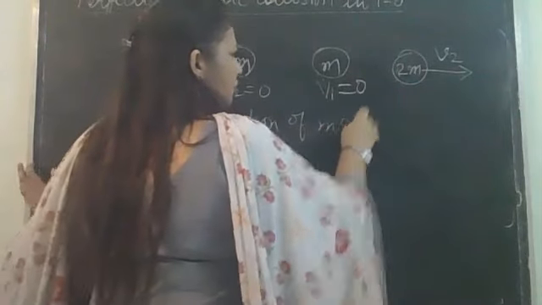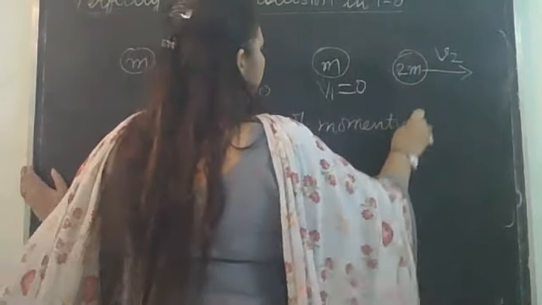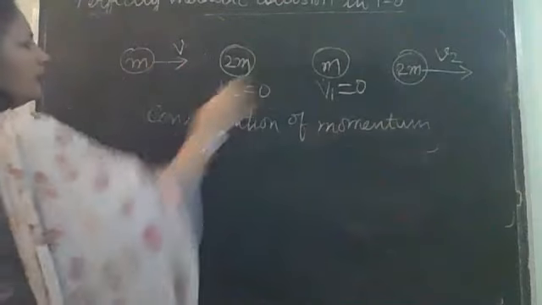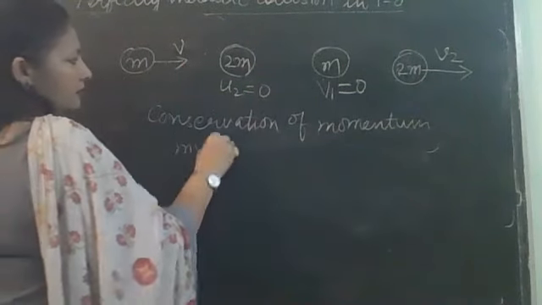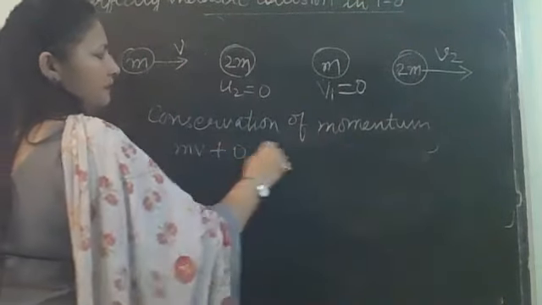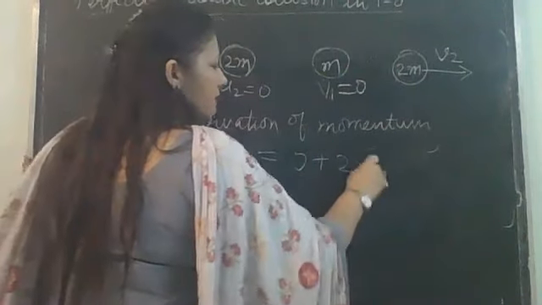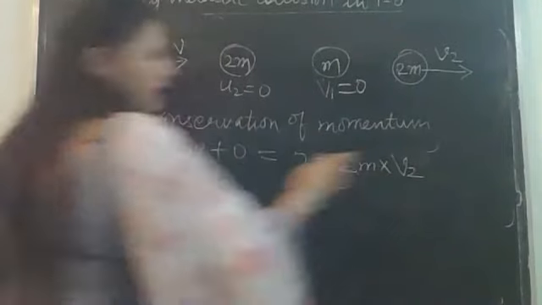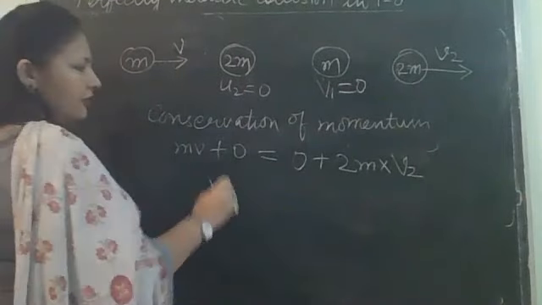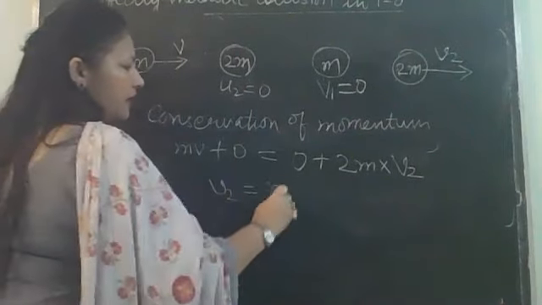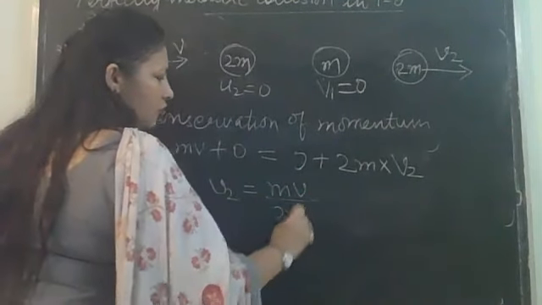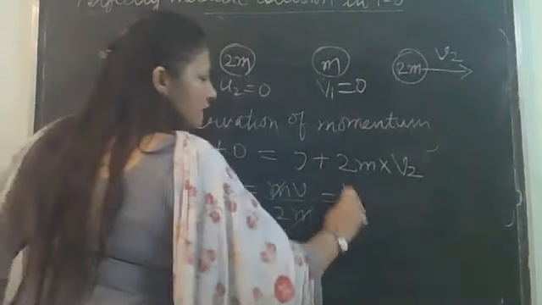By conservation of momentum, initial momentum mv plus 0 is equal to final momentum 0 plus 2m into v2. Very simple. So find v2 from here. v2 will be mv over 2m, that is v by 2.